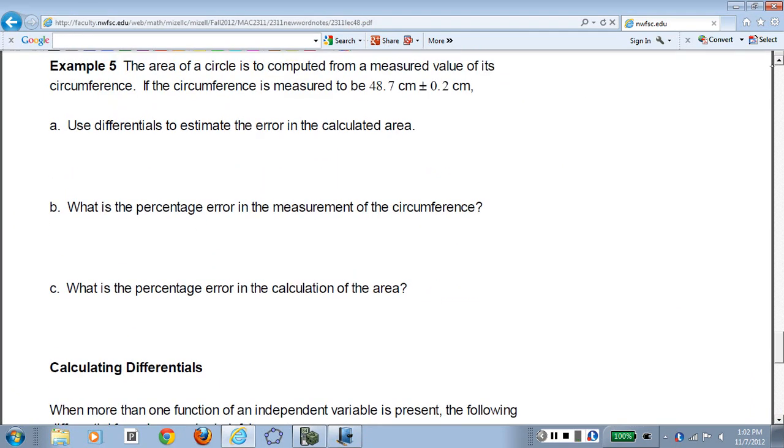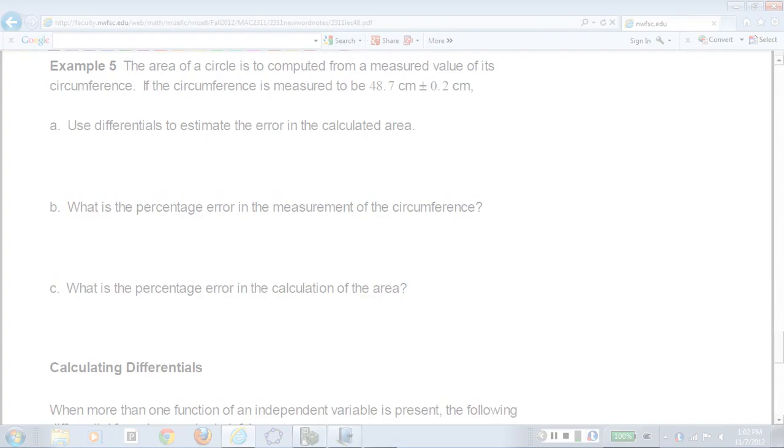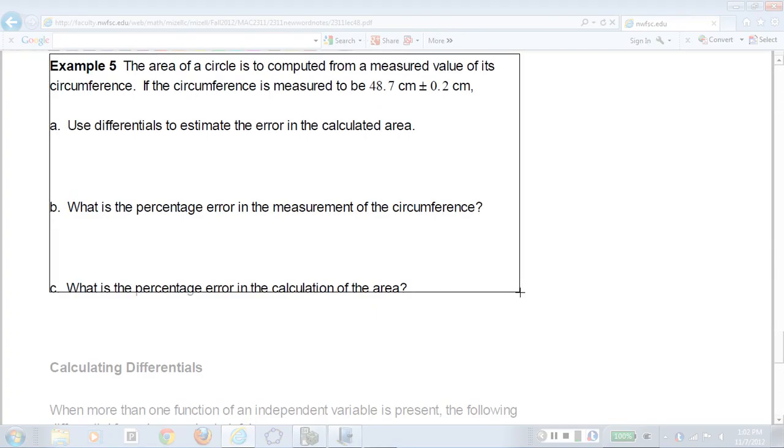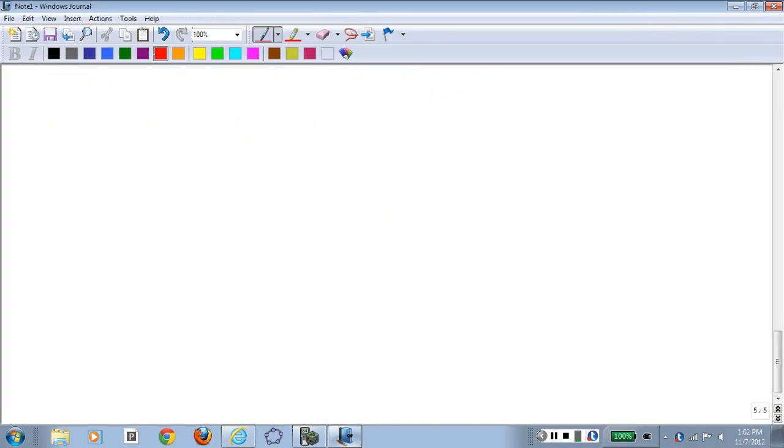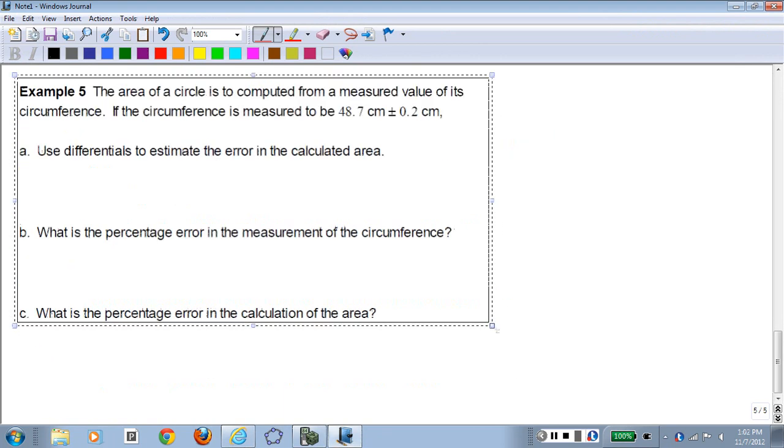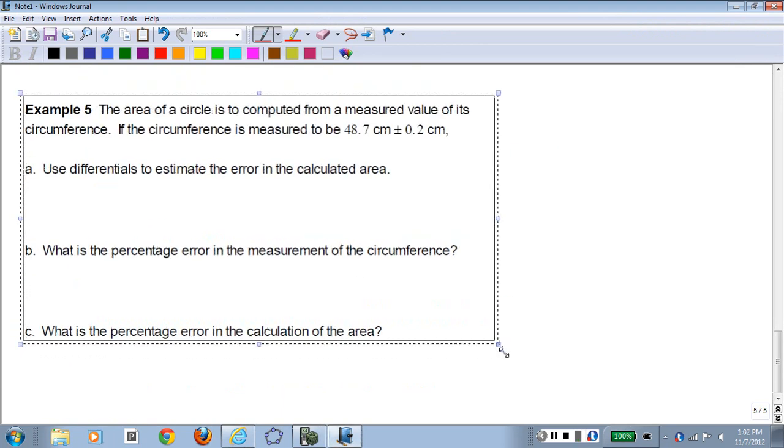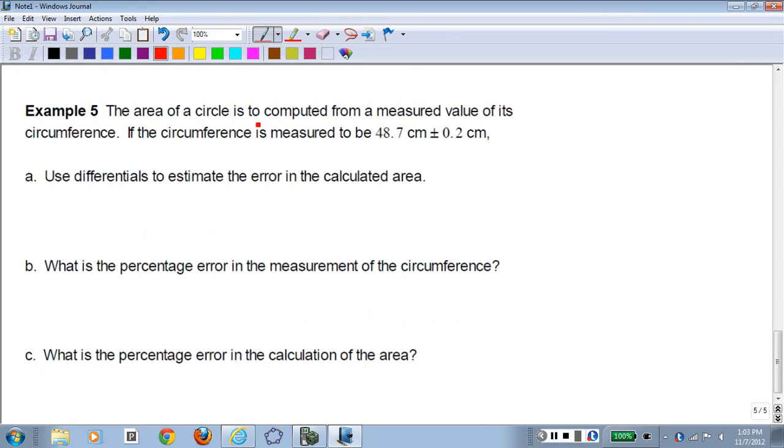All right, the area of a circle is to be computed from a measured value of its circumference. I'm trying to think why we would want to do such a thing.